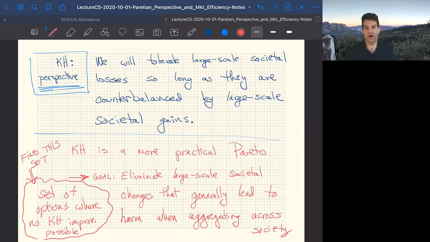And so these are all of the tax policies for which the only way, if you were to shift away from them, you would be guaranteed to be doing net societal harm. Moving along these tax policies is going to effectively redistribute wealth across society.